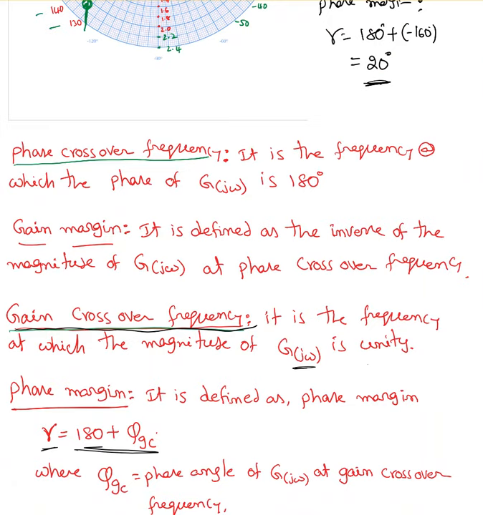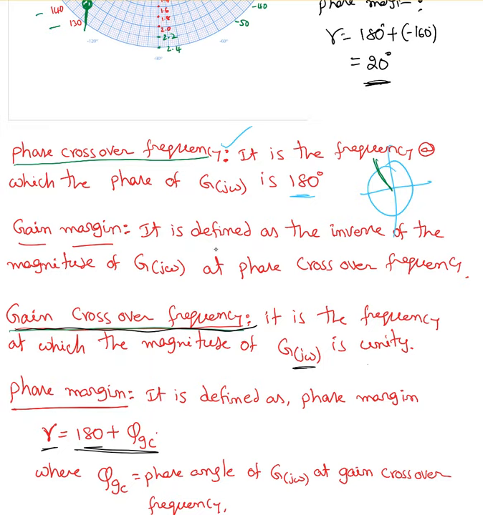The phase crossover frequency is the frequency at which the phase of Z(jω) is 180 degrees. If you look at our polar plot, it looks something like this. It is never crossing 180 degrees. So in our case, the phase crossover frequency is 0.